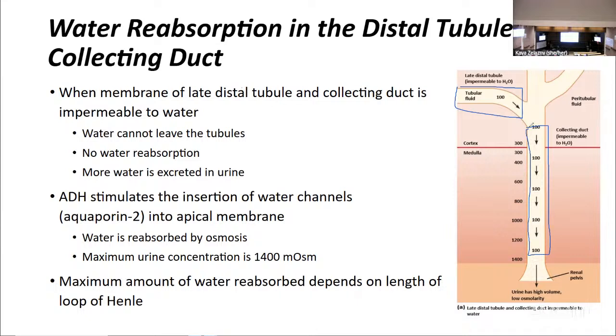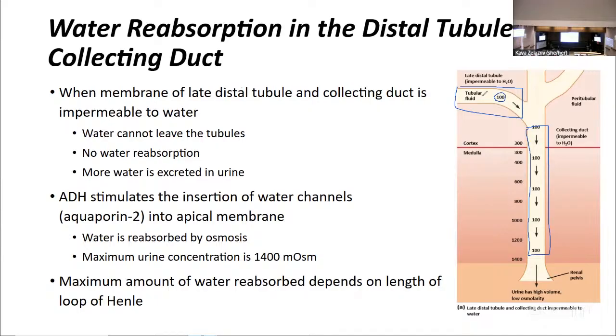This means that water can't leave the tubules at all. So the osmolarity of our tubular fluid, and therefore our urine, is just not going to change as it moves through these regions. There's nothing left that can be moved when we have this sealing over of these water channels.